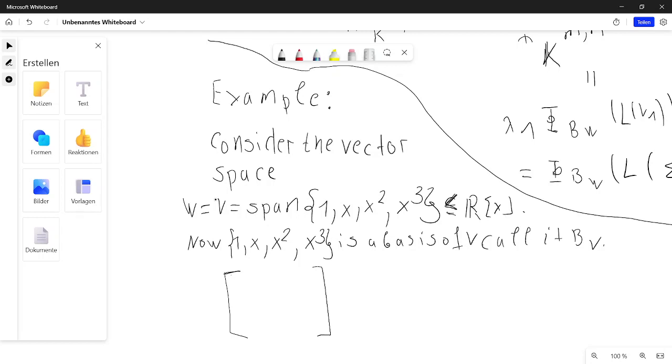We want to have a map with respect to two different bases in the end, and for that it would suffice to just give some matrix that is certainly invertible.